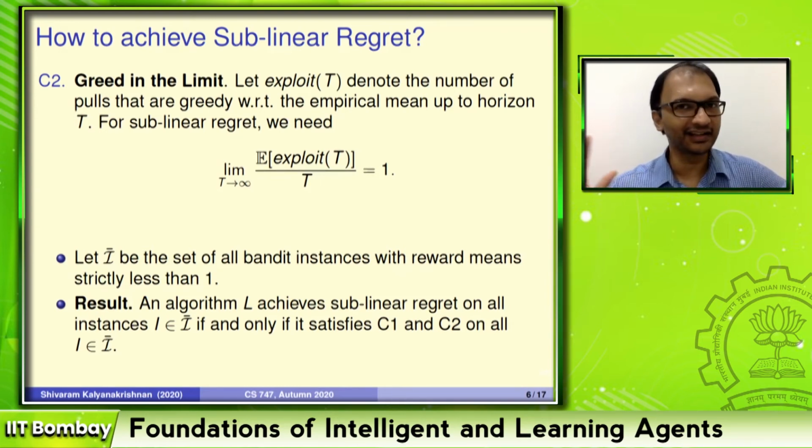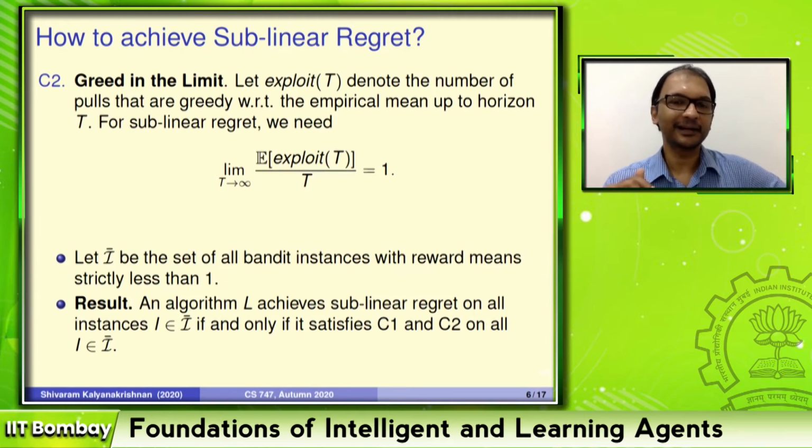For a technical reason, we cannot include bandit instances that give a reward of exactly 1. Because these are Bernoullis, having a mean of 1 means you'll only get 1 rewards, you'll never get a 0 reward. That introduces a little bit of an issue, which we don't need to get into. But I bar is basically almost the set of all bandit instances that we are interested in.